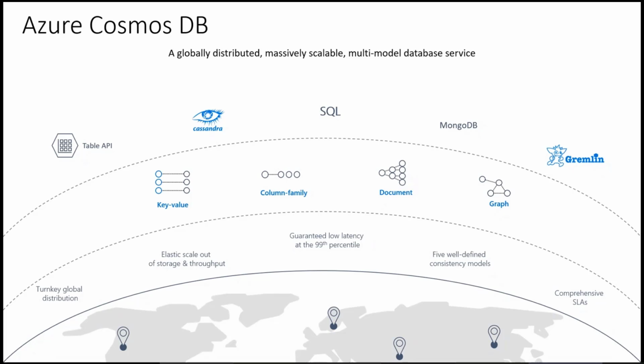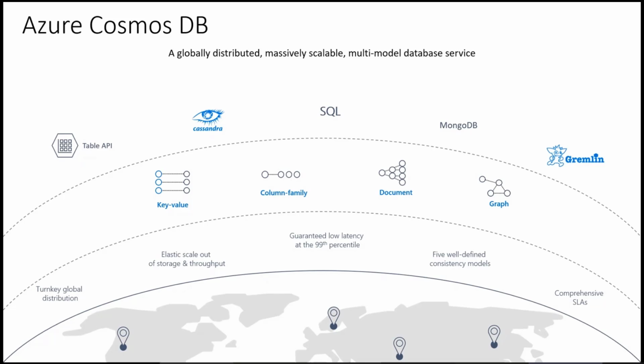If you're working with key value data, say if you're using a lot of Azure table storage and you need to distribute that on a global scale, Cosmos DB provides a table API, which is essentially Azure table storage on steroids. Or perhaps you're working with graph data, and for that you can use the Gremlin API, and you've got a graph database in the cloud.